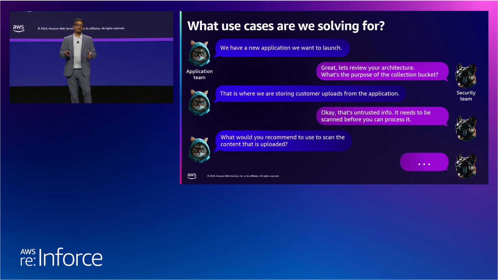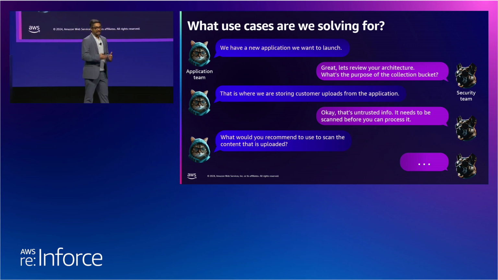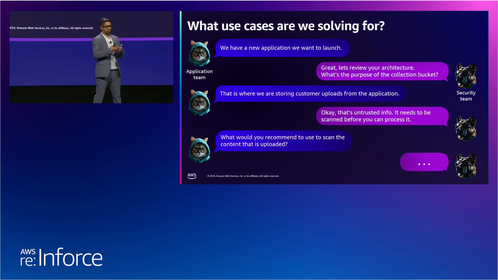This is the use case that we are trying to solve with this feature, where we enable your application teams to implement mitigating controls that are identified as part of your threat model reviews with the security team.